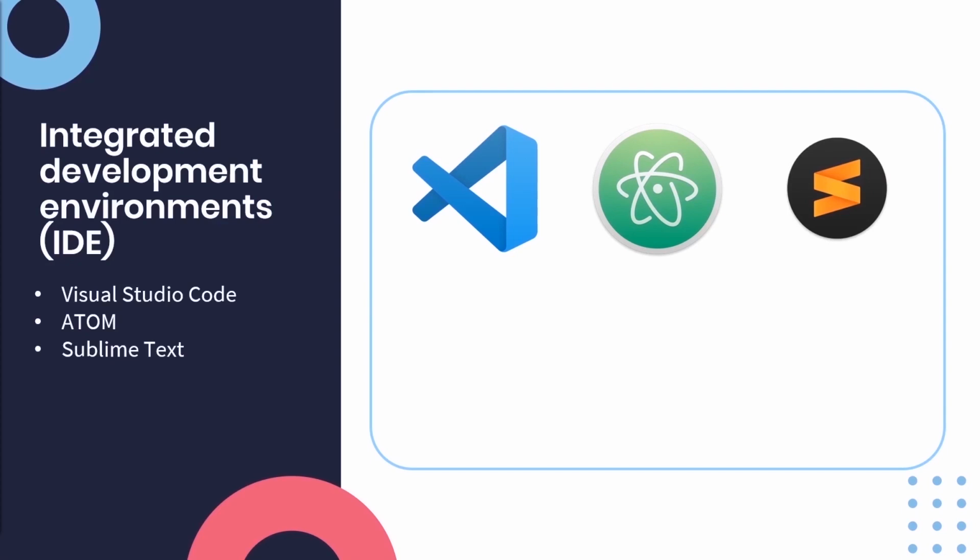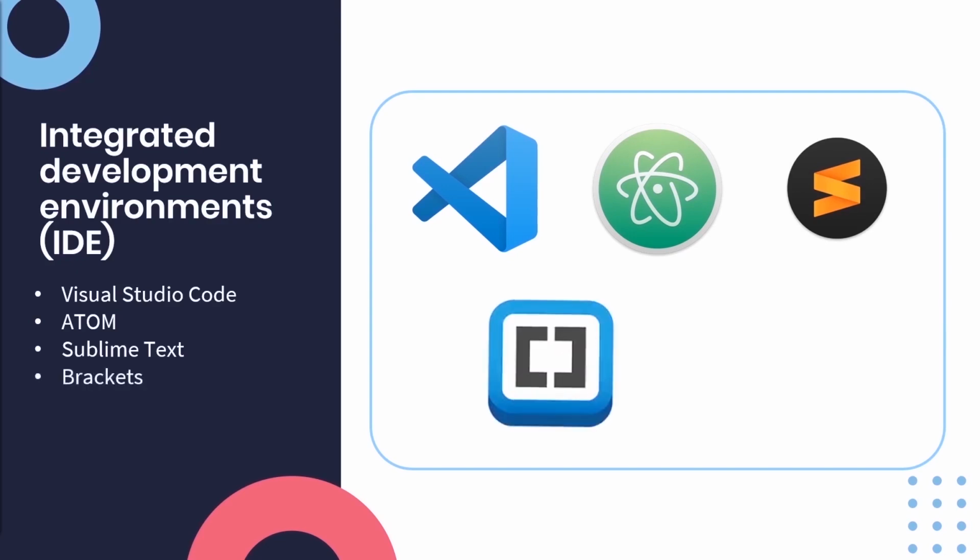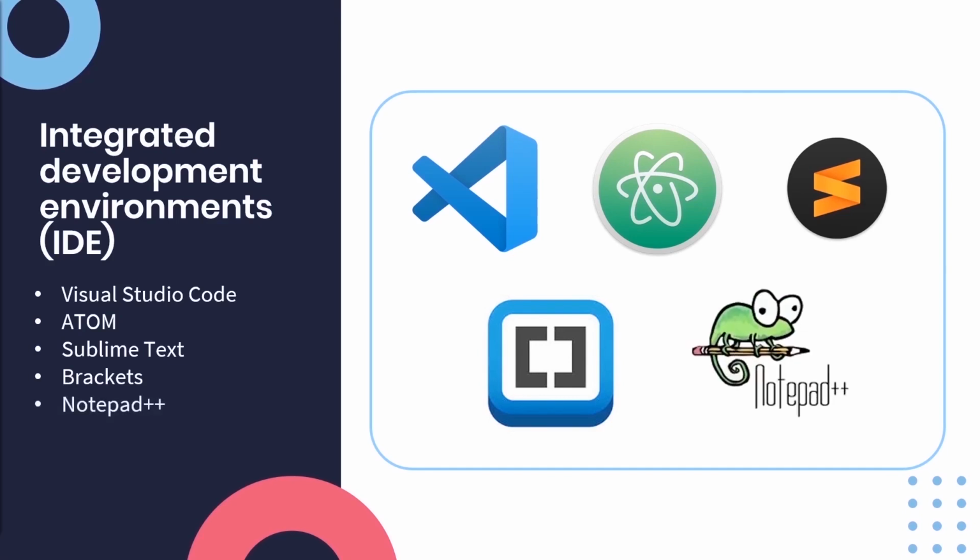But again, keep in mind, we'll be moving forward with Atom. We also have Brackets, and Brackets is pretty lightweight as well, very comparable to Atom in a sense. And then lastly, we have Notepad++, which has been around forever. So let's dive into each of these IDEs and delineate the different characteristics and the features that come with each one of these software packages.